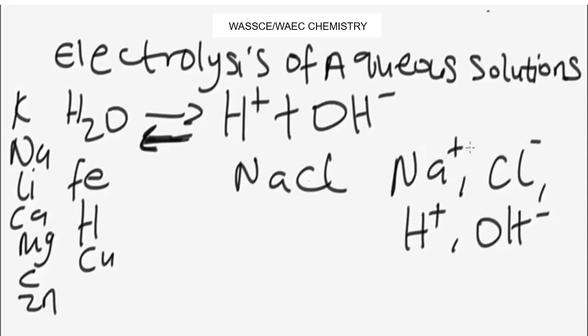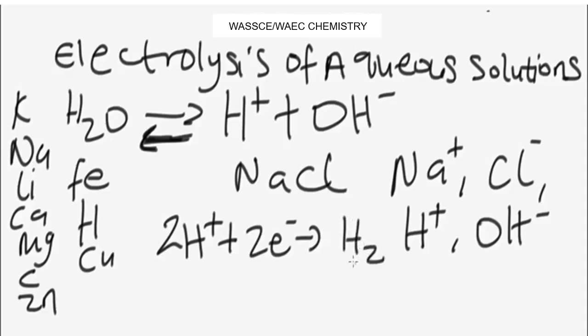So sodium will not migrate to the cathode to get reduced. Rather, hydrogen ion will migrate to the cathode to produce hydrogen gas. When it is reduced, it gains 2 electrons to form hydrogen gas, and this is the reduction equation.